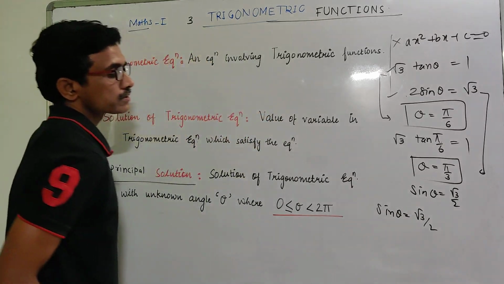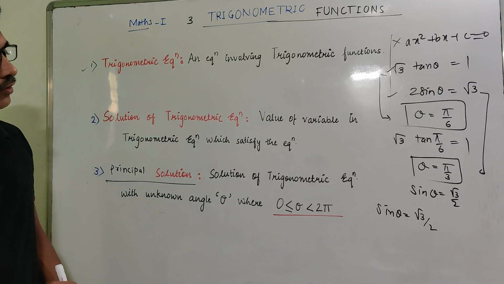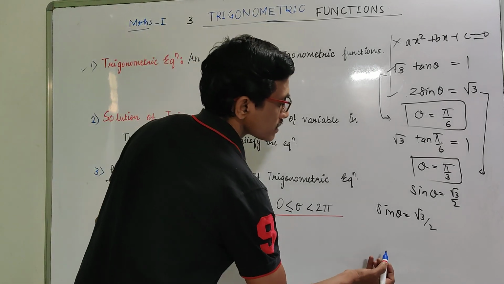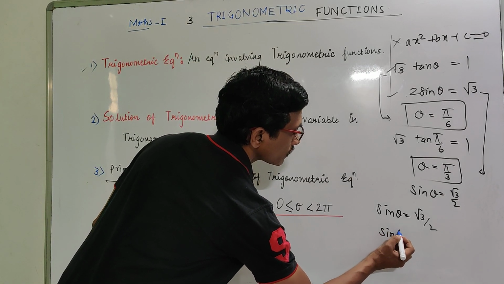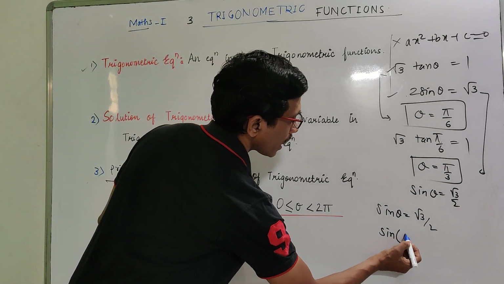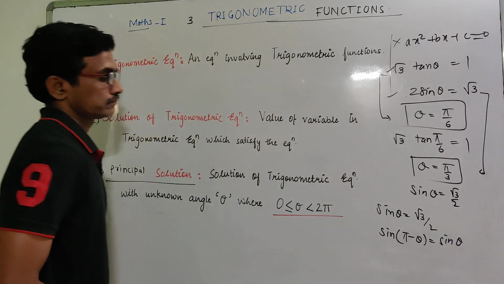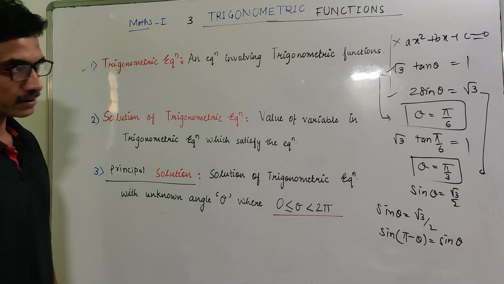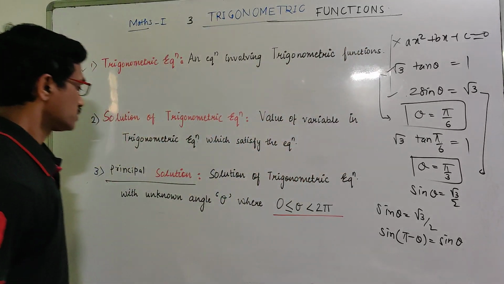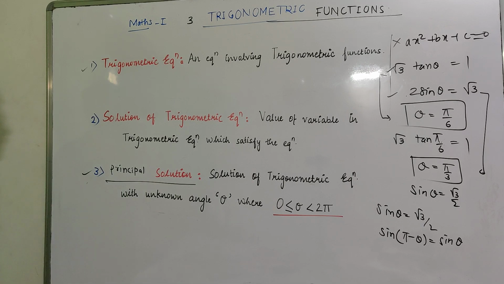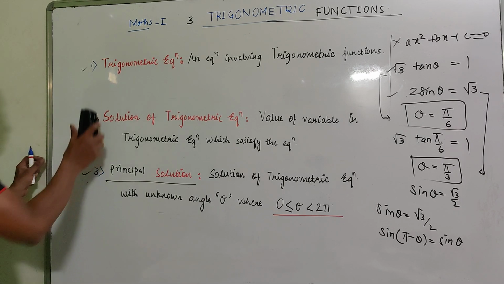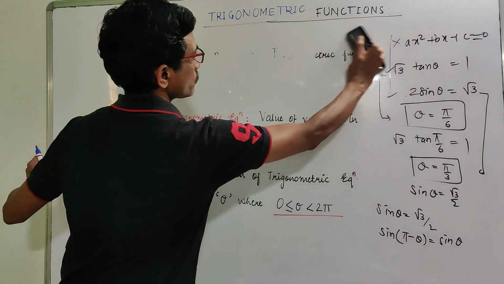Sin is positive in the first and second quadrant. So remember this: sin of pi minus theta is equal to sin theta. We are going to learn now what principal solution means.